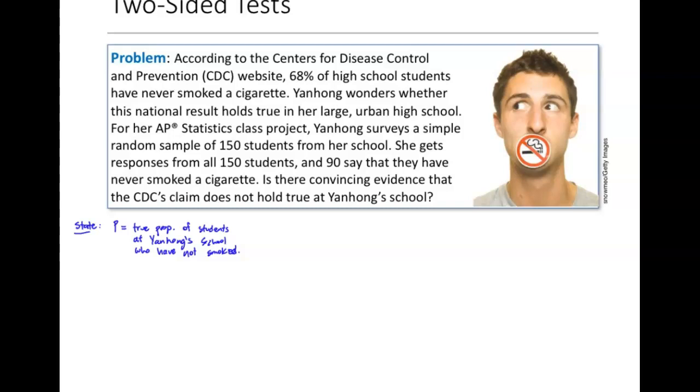All right, folks, help me out here. What's my null hypothesis? H naught should be P is what? Yep, so we'll assume it's the exact same as the national average. And then as I said, my alternative, since she doesn't indicate a direction, is going to be not equal to, right?